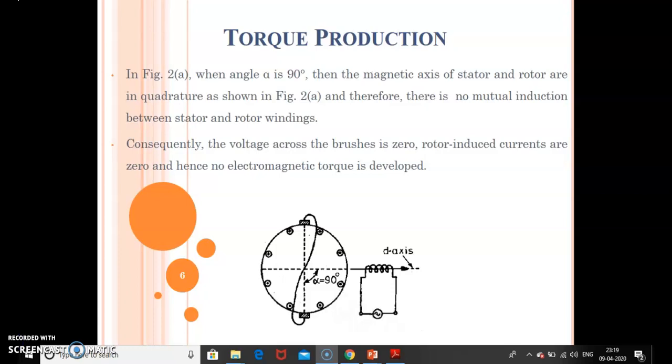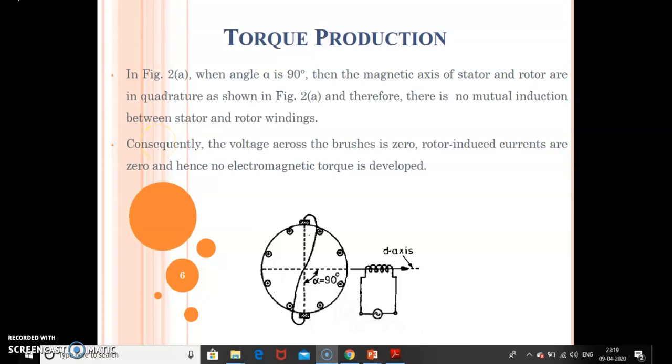Let us have the first case when alpha is equal to 90 degrees. That is, the magnetic axes of stator and rotor are in quadrature. You can see that the magnetic axes of stator and rotor are in quadrature, that is, they are at 90 degrees as shown in figure 2a. Therefore, there is no mutual induction between stator and rotor windings.